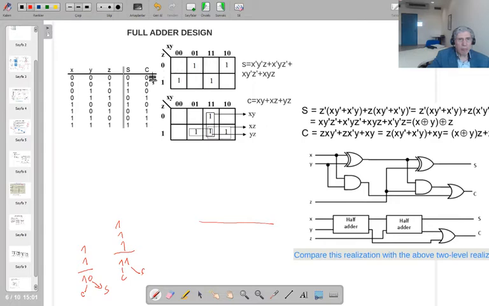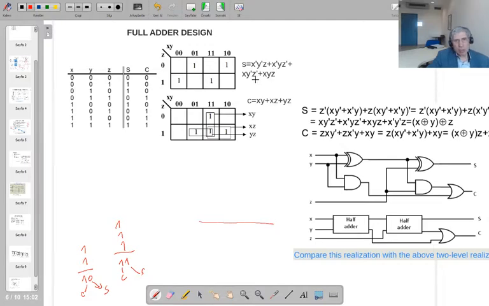So the Karnaugh map for the S function is this. Karnaugh map for the C function is this. For this one, there is no subcube, so you can write the first canonical form expansion as this, isn't it? Easy. 4 AND gates and 1 OR gate we've got here.